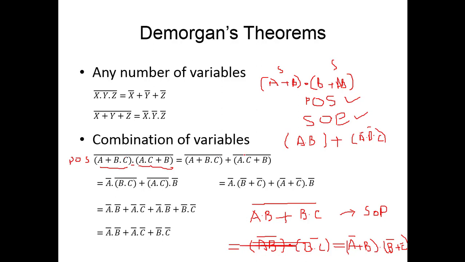This AND operation becomes the OR operation, and this is complement. You can consider this term as a and this term as b. So you have a and b whole complement, which is equal to a complement plus b complement. So a is this term, so you place a complement over here. Similarly, b is this term, you place a complement over here.